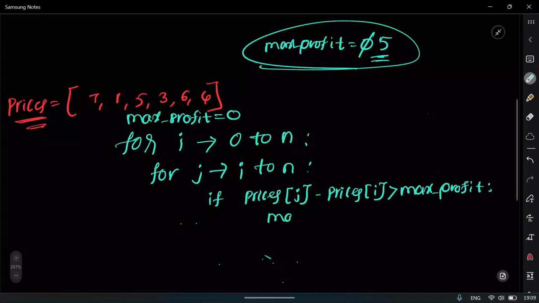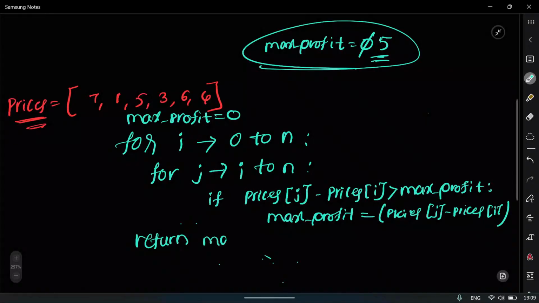In this case I'm gonna update the maximum profit to prices of j minus prices of i, and at the end I'm gonna return the maximum profit.